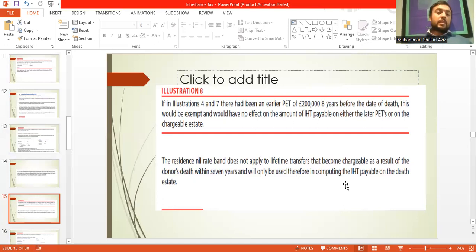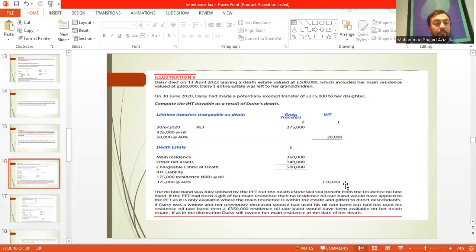The nil rate band is 325,000 pound and the residence nil rate band is 175,000 pound. The residence nil rate band is not available on any transfer during life. This is an important thing to remember. During life, only the nil rate band is available. After the death, yes, the residence nil rate band is available, but only for direct descendants.